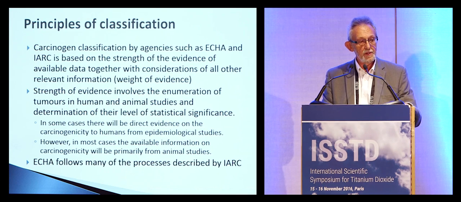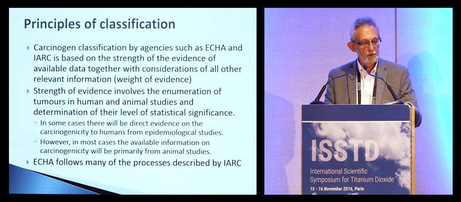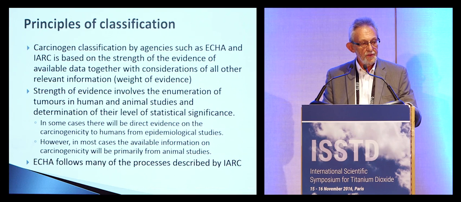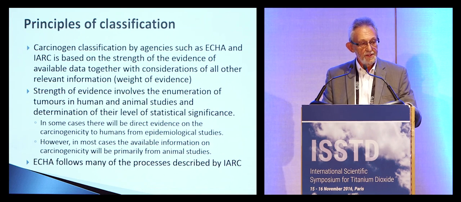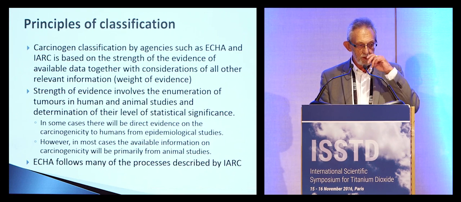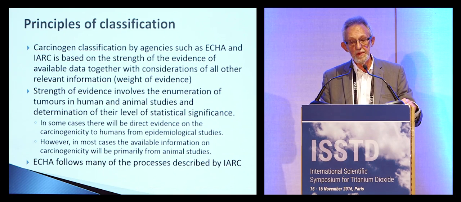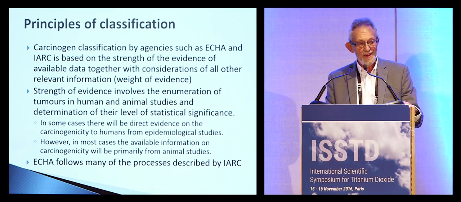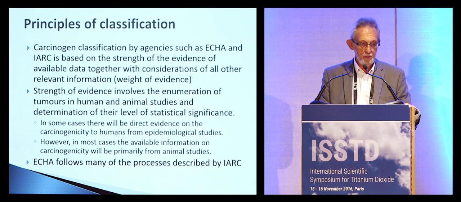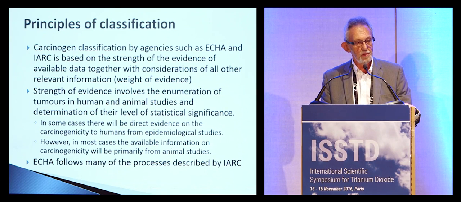Now, the strength of evidence involves enumeration of tumors in human and animal studies and determination of their level of statistical significance. In some cases, there will be direct evidence on carcinogenicity to humans from epidemiological studies, and you've heard this morning that basically there is no evidence of human tumors for TiO2 from epidemiological studies.